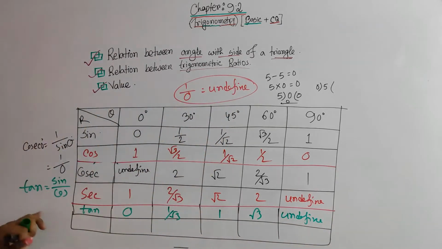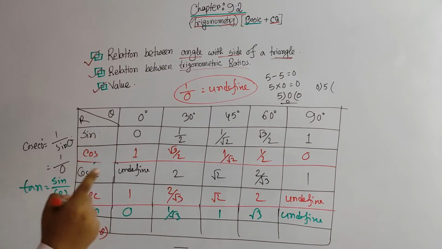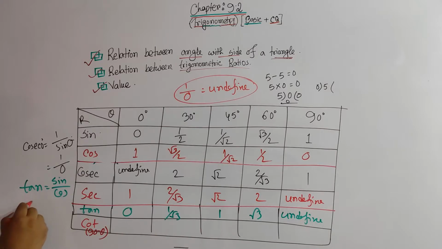And in the case of cot, we may go two ways. One way is 90 degree minus theta for tan, or another way is cot theta equals cos by sine.